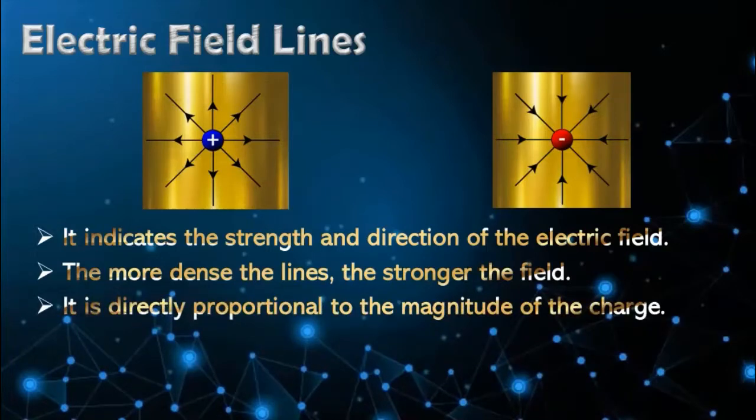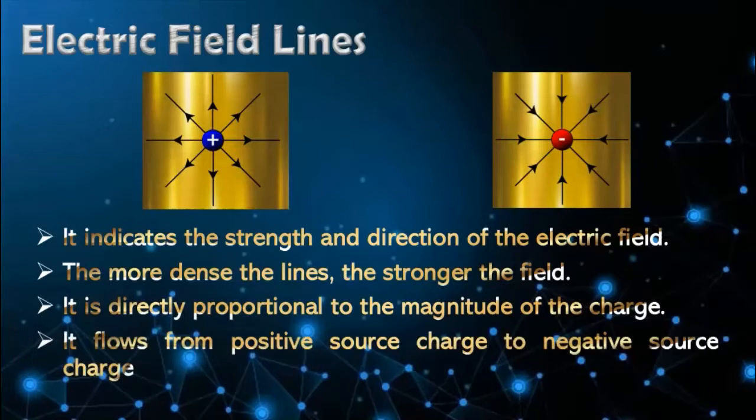If we have high magnitude of the charge, therefore we have also high magnitude of our electric field. It flows from positive source charge to negative source charge, so it always starts off with positive going to negative direction.